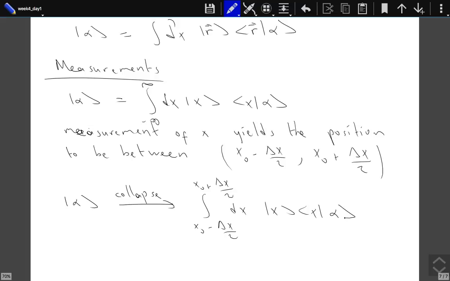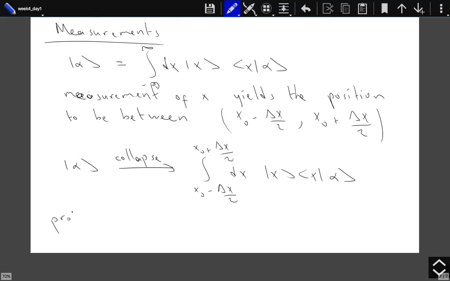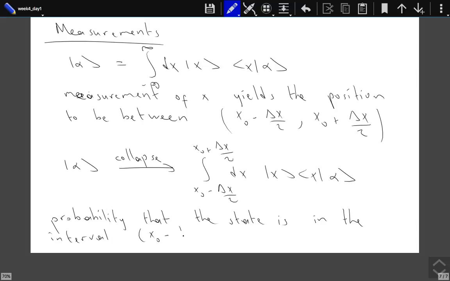Now the probability that the state is in the interval x0 minus dx over 2 and x0 plus dx over 2 is, well, in the discrete case, the probability was just the amplitude squared.